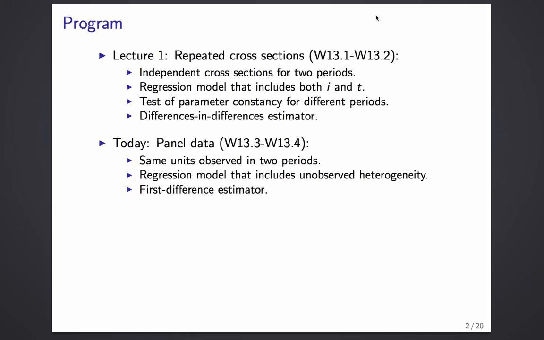Now, what we mean by unobserved heterogeneity may not be very clear at this stage. But remember, when we work with cross-sectional data, we know that individuals or firms are different, both in observable ways, in terms of x's that we can observe, but they're also different in a lot of other ways, in unobservable ways, as captured by the error term U. Now, with panel data, when we observe the same units over time, we may actually be able to model some of these unobservables, and that's what we'll do today.